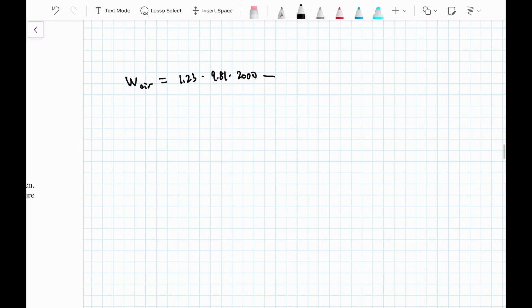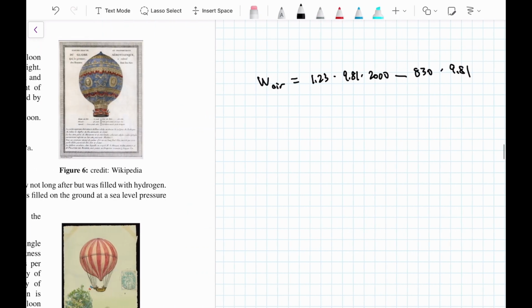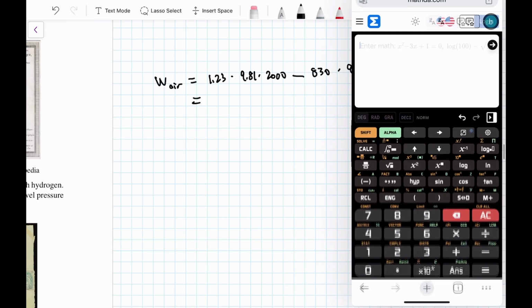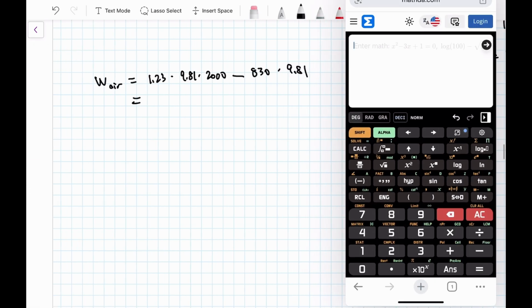830 times 9.81, and that should equal 15990.3 newtons.